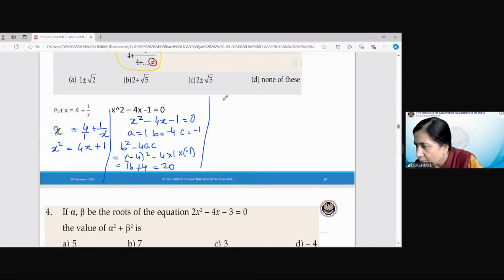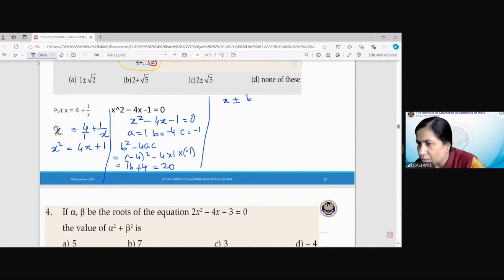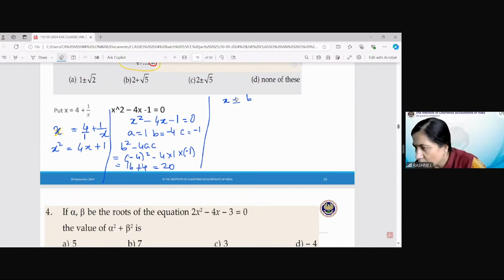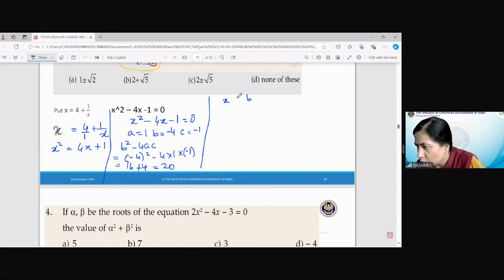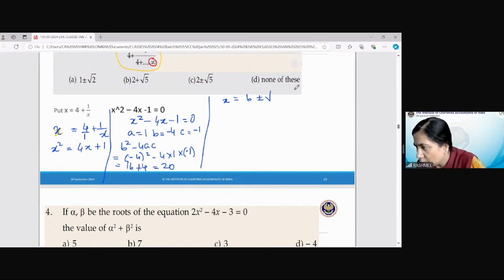Now I have x equal to minus b plus or minus square root of b square minus 4ac upon 2a.